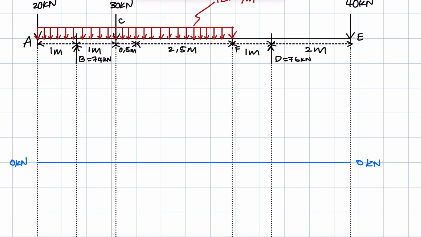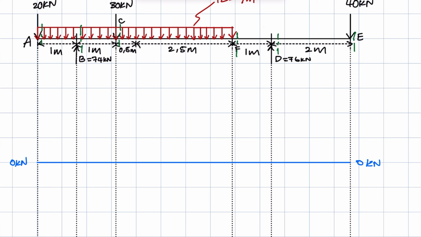We're going to have a section on the right of each point. So wherever there's a point, you're going to have a section. There's a point here, you're going to have a section there as well, a section there, and a section there.